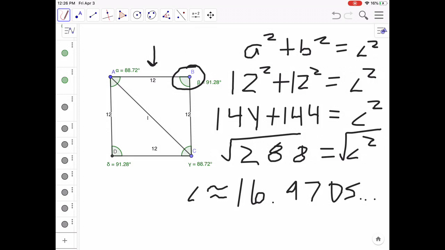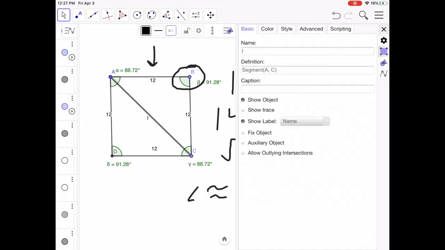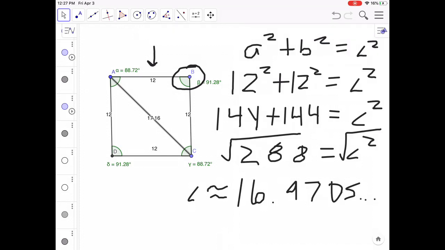All right, so let's go ahead and try to do that real quick. I'm going to try to get the measure of this object here by showing the value. Right now the value is 17.16, which does not make a 90-degree angle, as you can see.